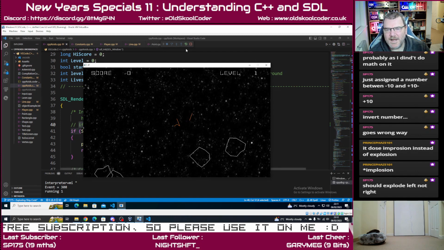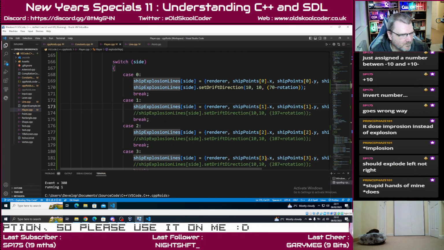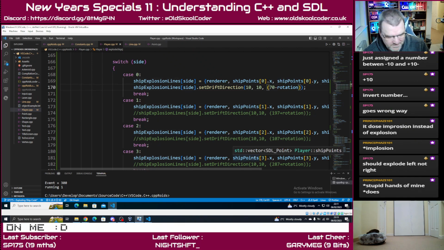I think we've got the angle wrong on that. It's an implosion, not an explosion. I think that's going to be plus the rotation.